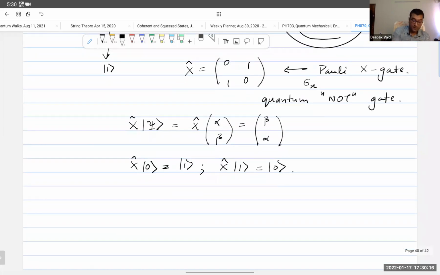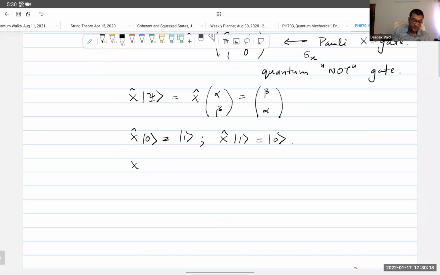And what will be the eigenstates of this? Well, one can guess, they are going to be equal weight superpositions of 0 and 1. So these are the eigenstates.